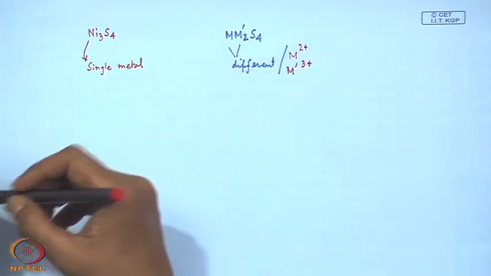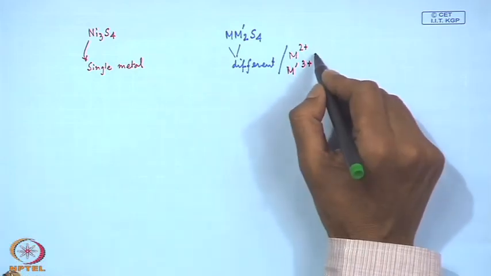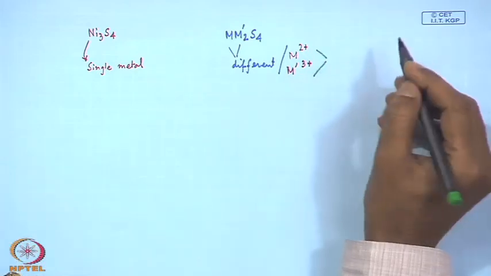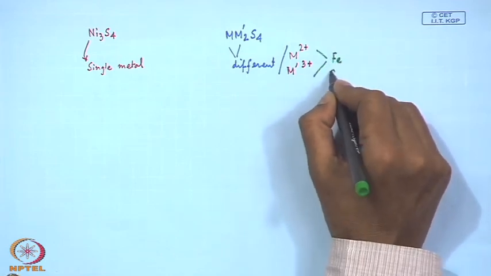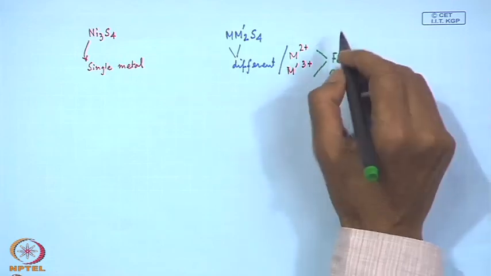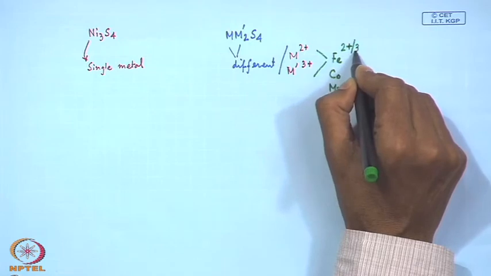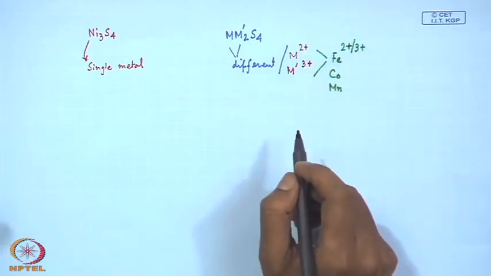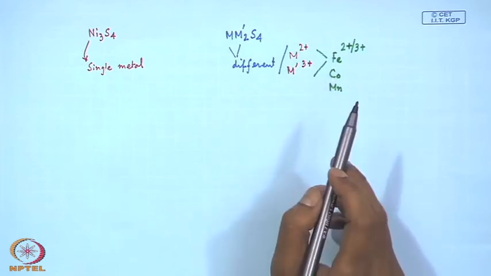structure is mostly stabilized, and we get a large number of these spinels as examples, where the same metal ion like iron, like cobalt, like manganese can have two possible oxidation states, the bivalent one and the trivalent one, which are stable.